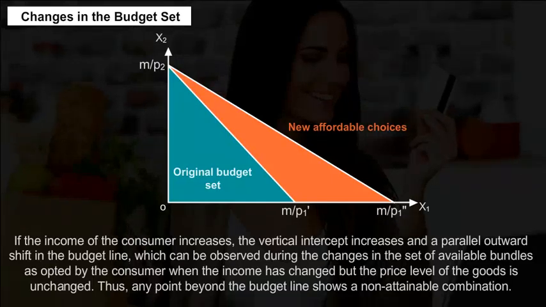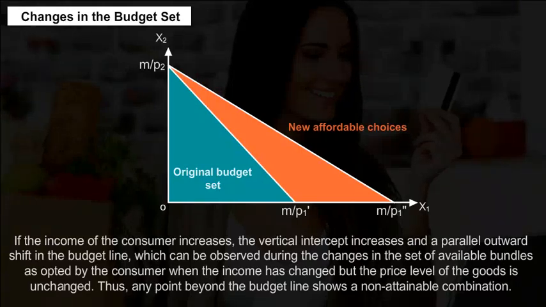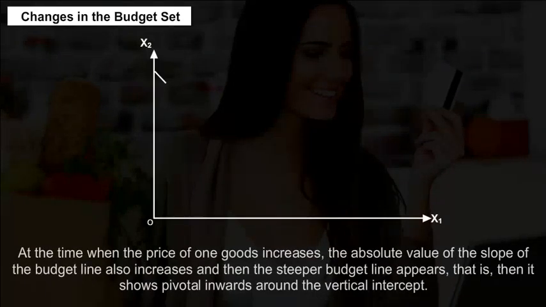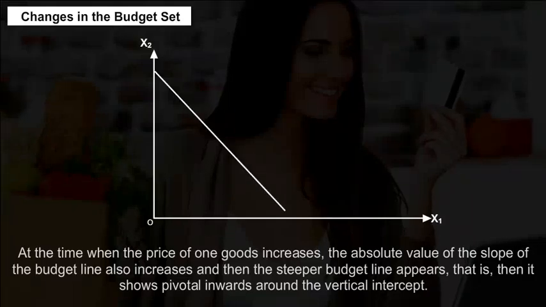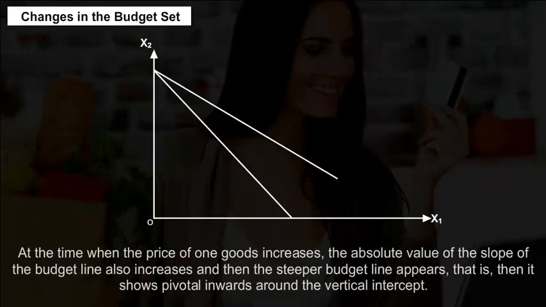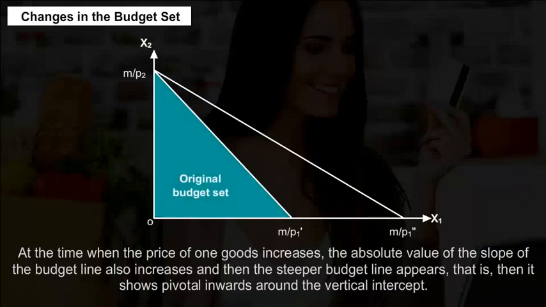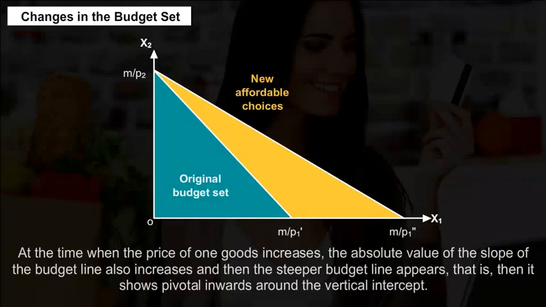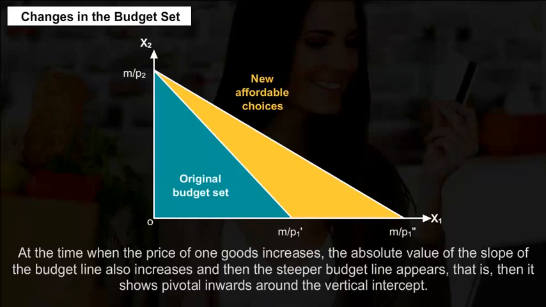Thus, any point beyond the budget line shows an unattainable combination. When the price of one good increases, the absolute value of the slope of the budget line also increases, and a steeper budget line appears. That is, it pivots inwards around the vertical intercept.